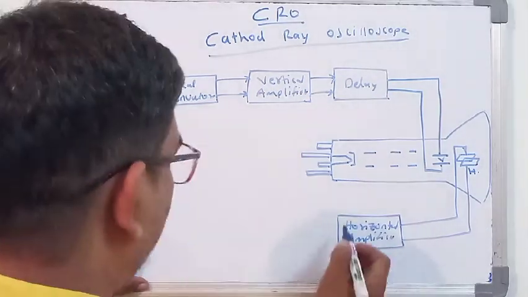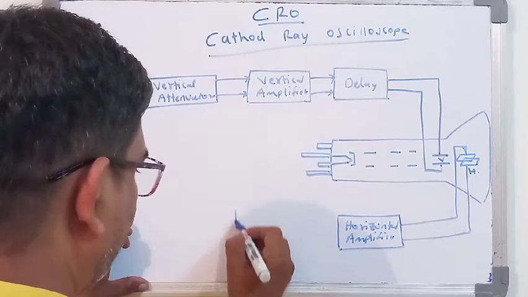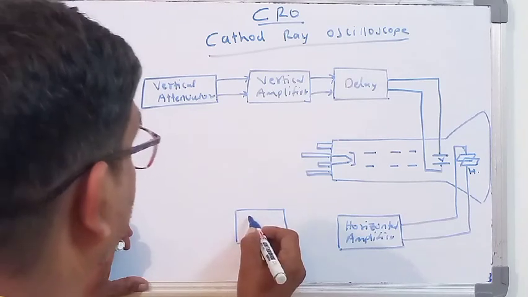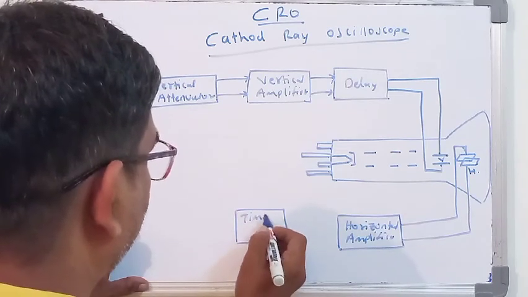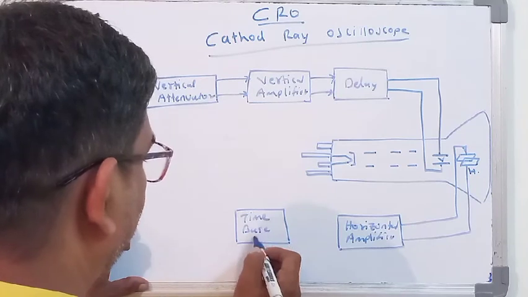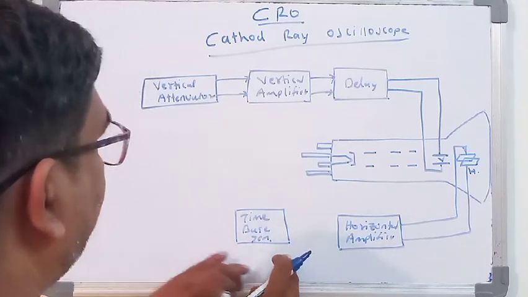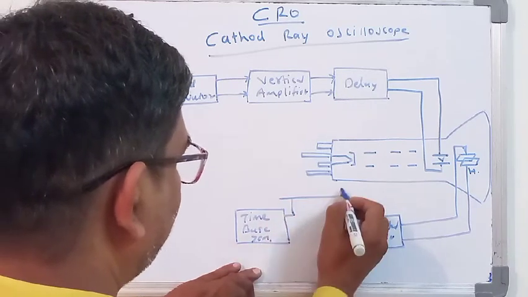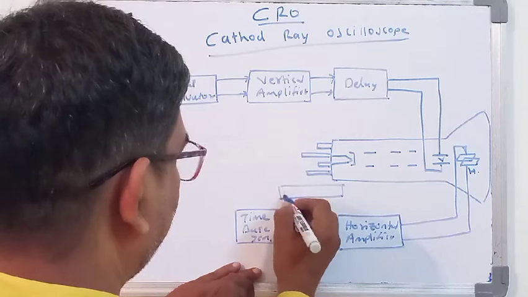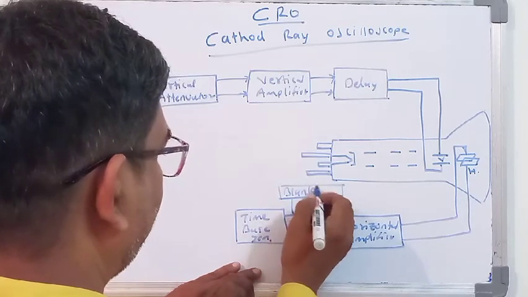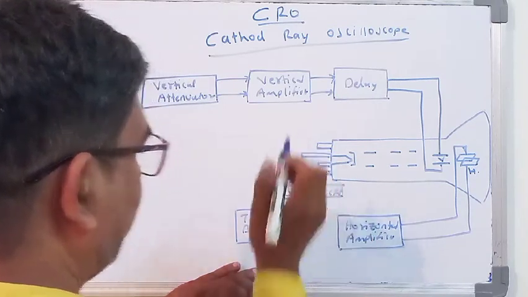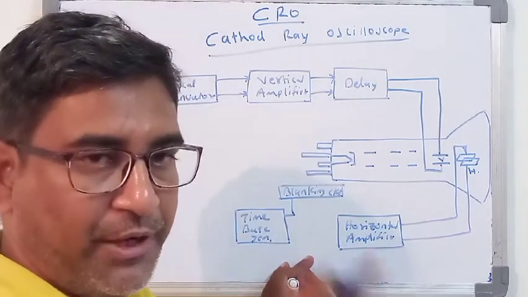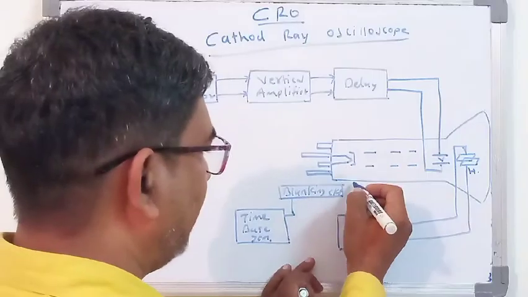Now this horizontal is again connected with the time base generator, which is connected with a circuit called the blanking circuit. This blanking circuit is connected with the control grid of the CRT.